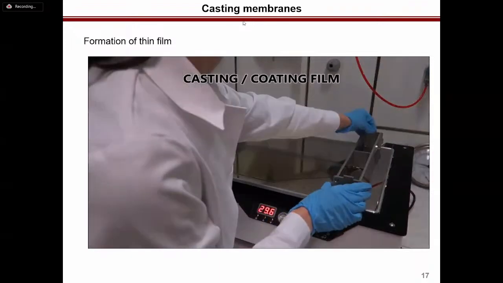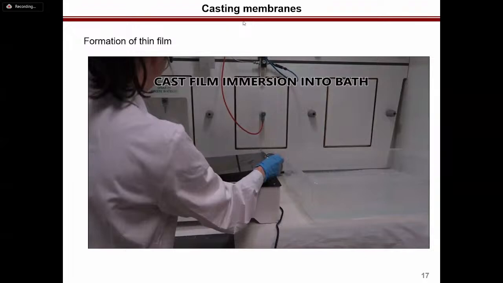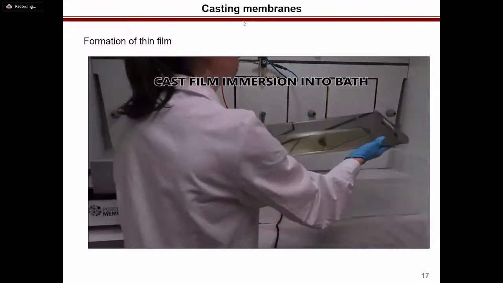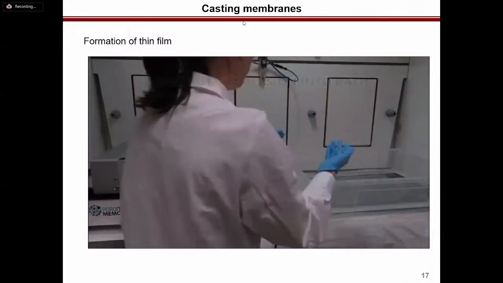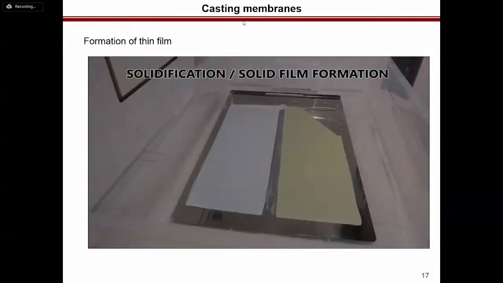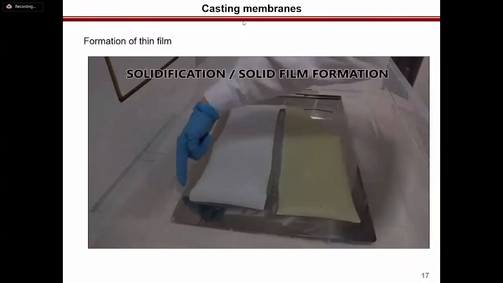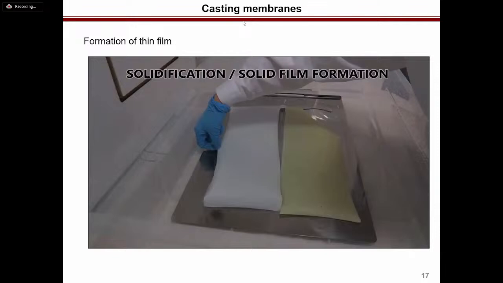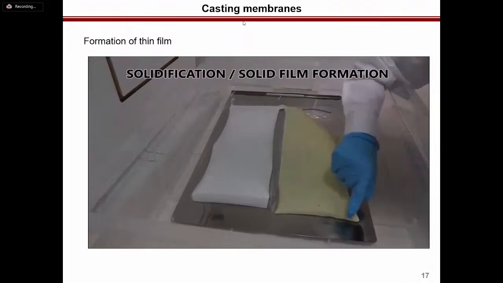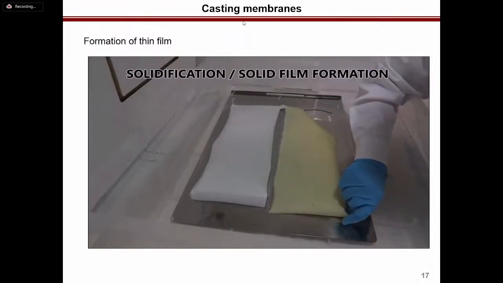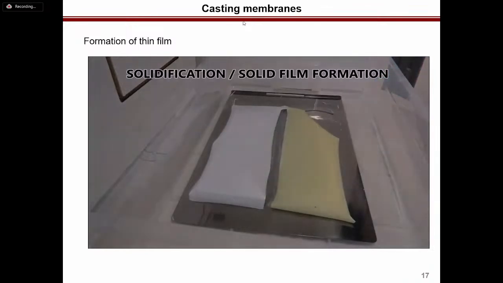All right. So you just cast your polymer solutions. You take it out as it is and put it in water or in a salt solution for some minutes, and then you will find this type of material. This is called phase inversion, because as soon as you put your film in the water, there is an exchange of solvent between the water and the organic solvent, and immediately you form this kind of strong, mechanically strong polymeric membrane.